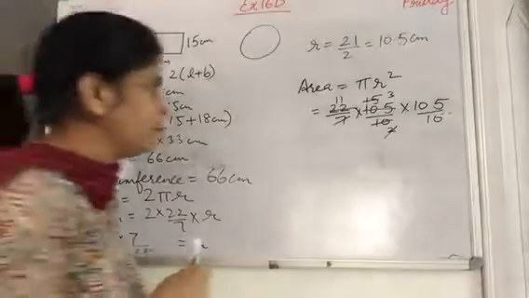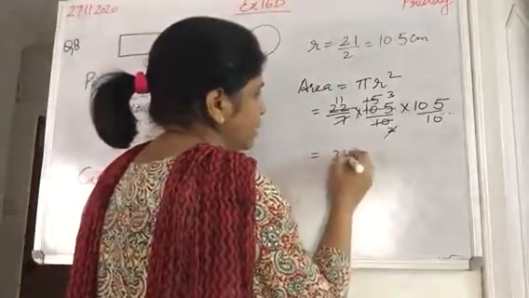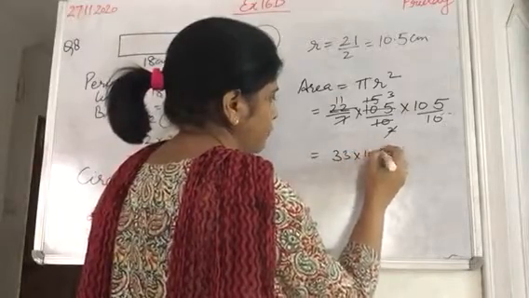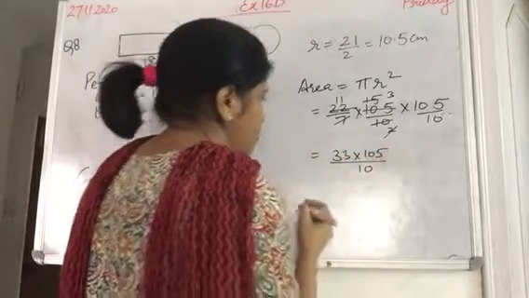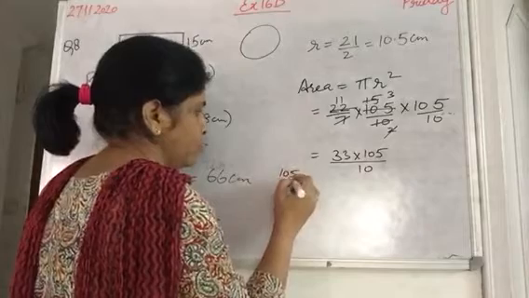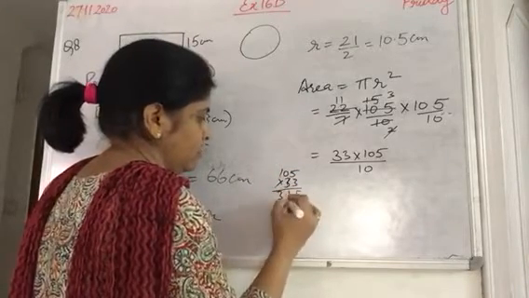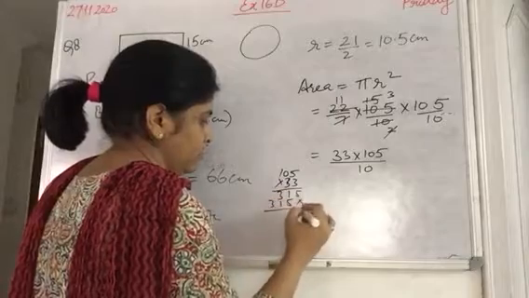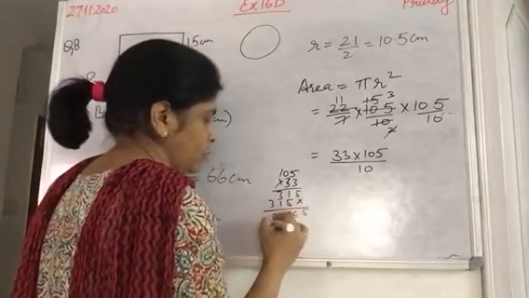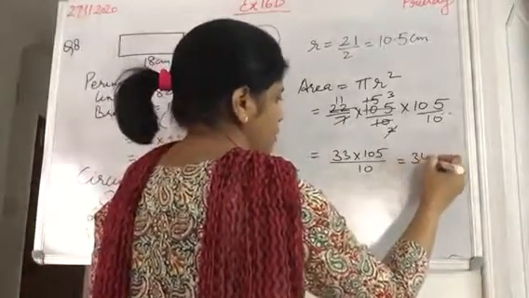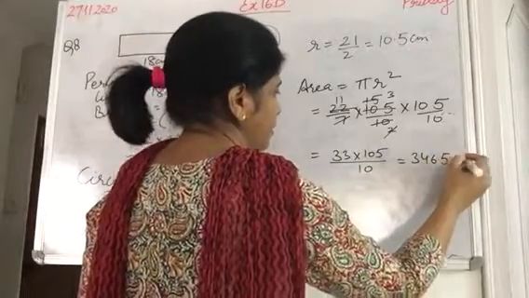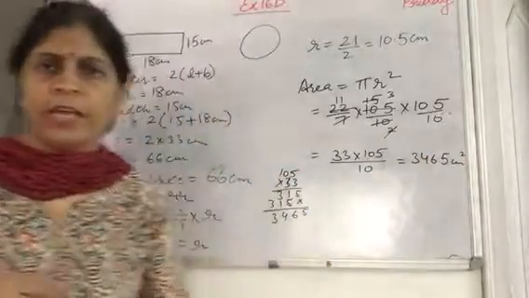Now we just multiply it. It will be 33 into 105 by 10. So 105 into 33, 5 3s are 15, and so on. 346.5 centimeter square is the area of it.